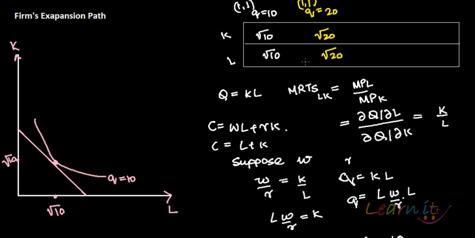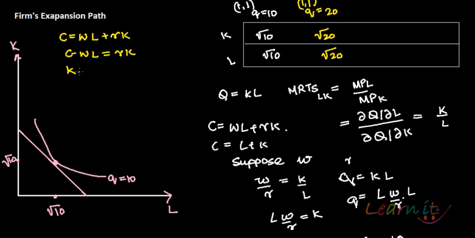What will happen is that your isocost line will go out. Initially you have C equal to WL plus RK. I can write this as C minus WL equals RK.